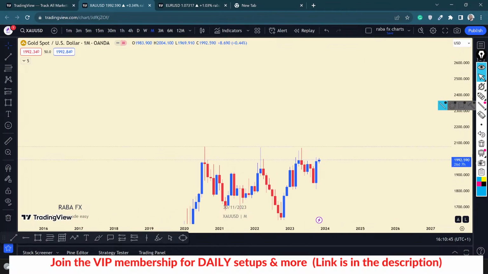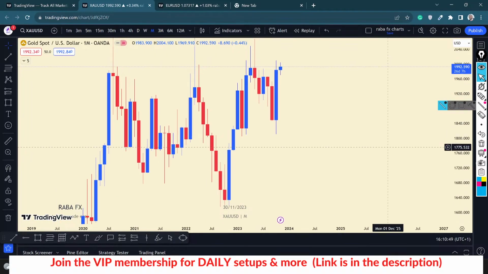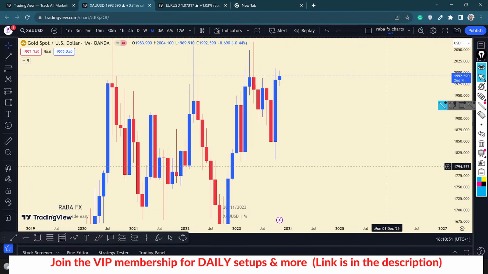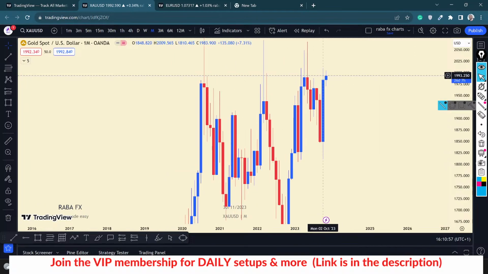Now remember that gold is benefiting from the crisis in Gaza and Israel. Why is it benefiting? It is considered a safe haven asset. Most people's wealth will flow into gold at this period of time. That is the fundamentals to this.